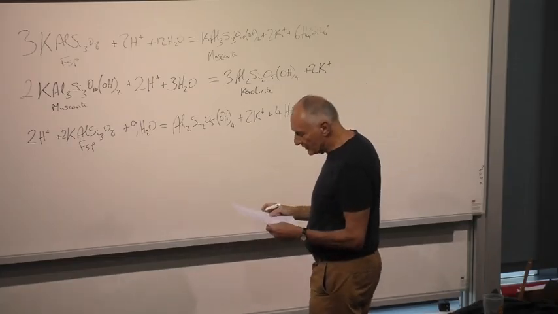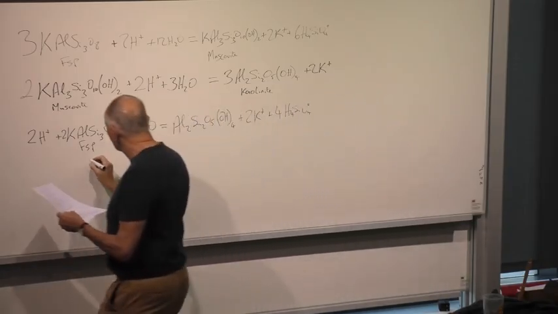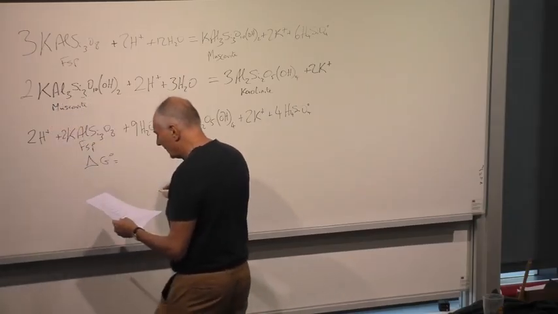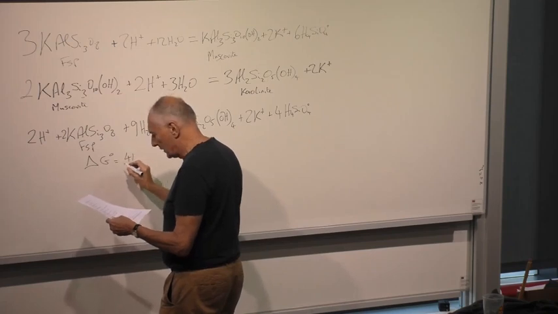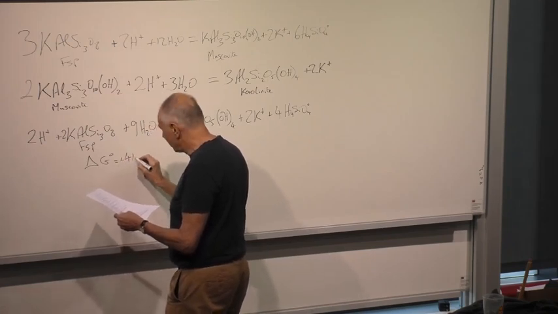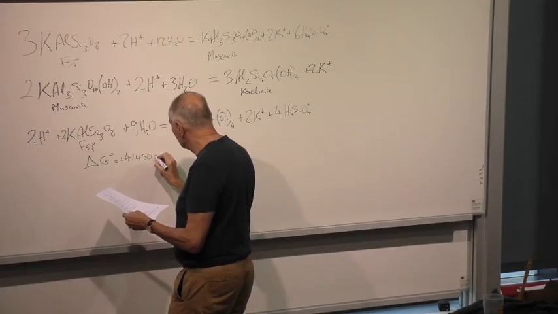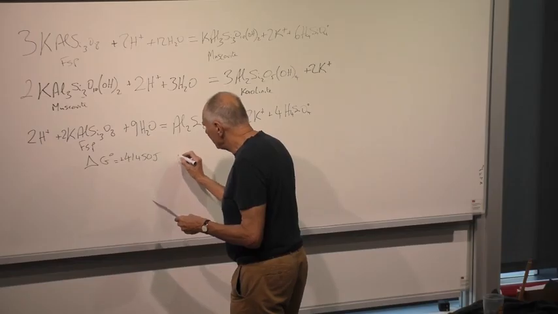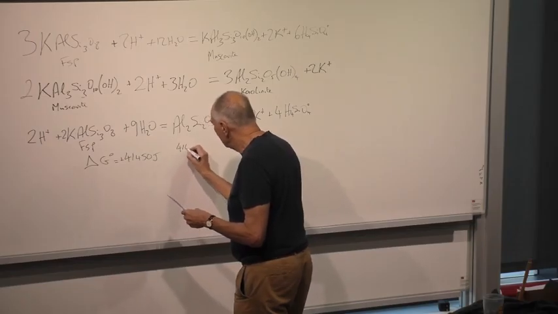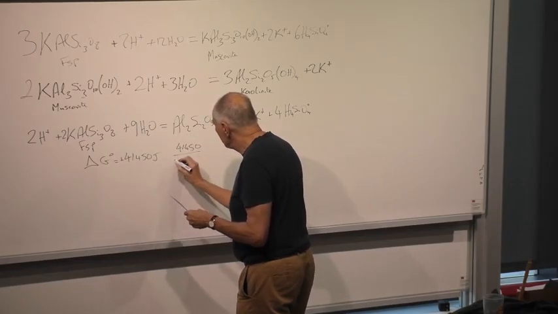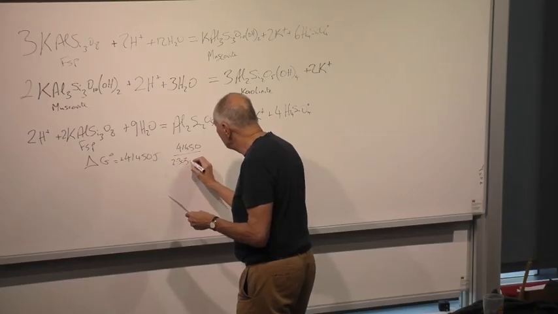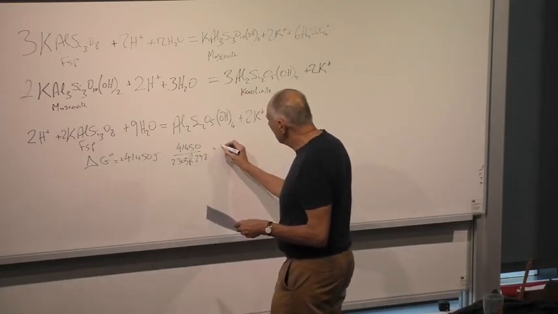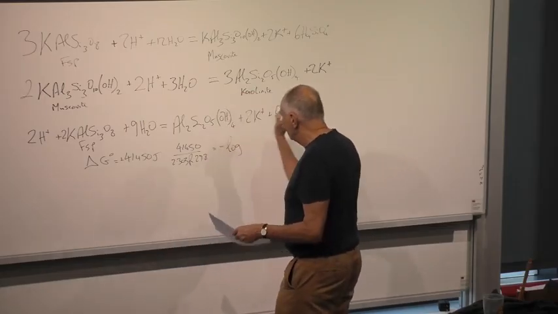And for that one I gave you delta G0 equals 41,450 joules. And delta G0 over 2.303 RT, at 298, is equal to minus the log of the equilibrium constant.